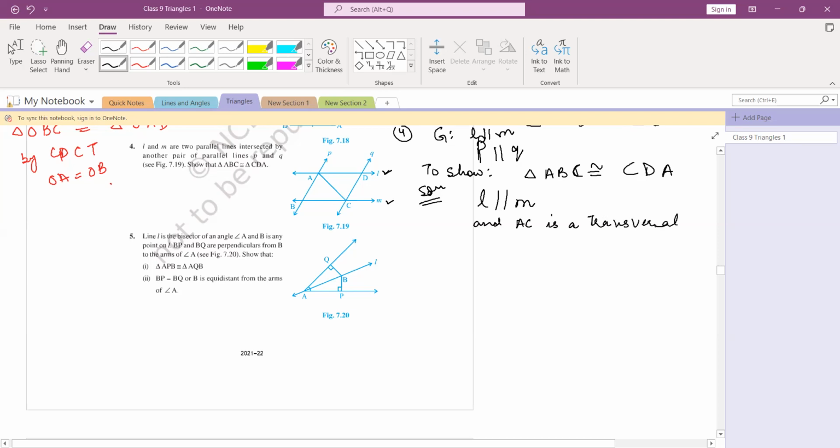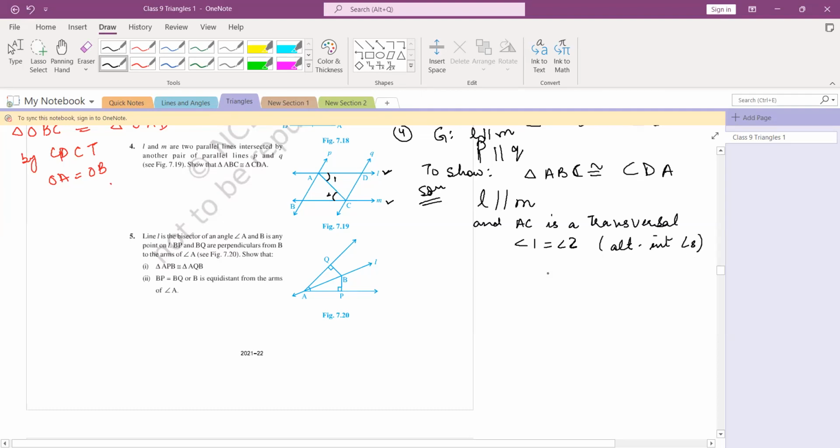When the lines are parallel, which angles will be equal in this case? This angle will be equal to this angle, isn't it? Alternate angles, let me call them 1 and 2. So angle 1 is equal to angle 2. Why? Alternate interior angles, first thing.